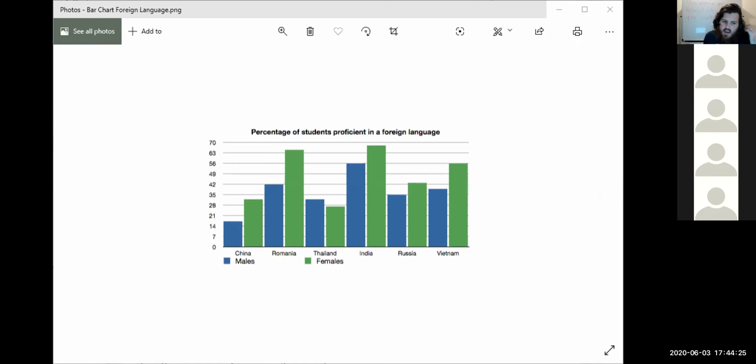Okay, now any countries, guys, where the males and females showed maybe not the same, but a very similar trend? So I'm looking at two countries that don't have a big difference with their numbers. What two countries am I looking at?